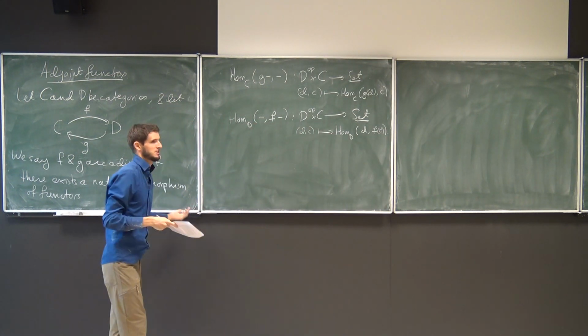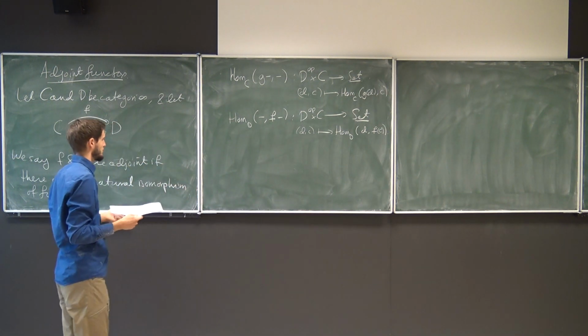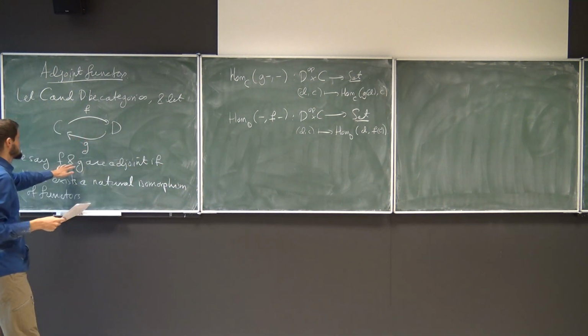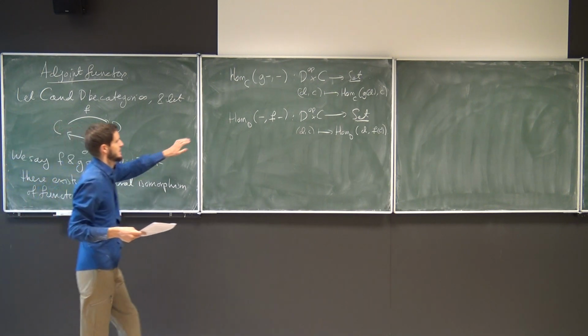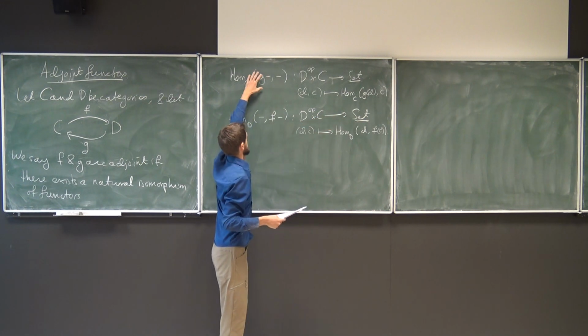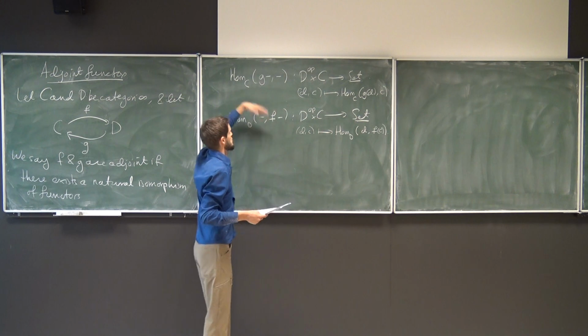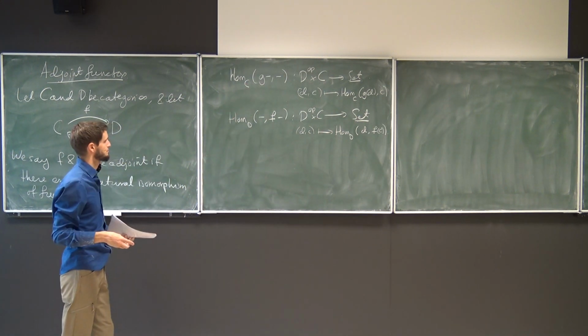Again, I'm only saying what it does on the level of objects, but there's only one reasonable option for what it should do on morphisms. And so F and G being adjoint functors says that there's a natural isomorphism between these two functors. In other words, there's a natural transformation from here to here, and a natural transformation from here to here, such that the composites are the identities.